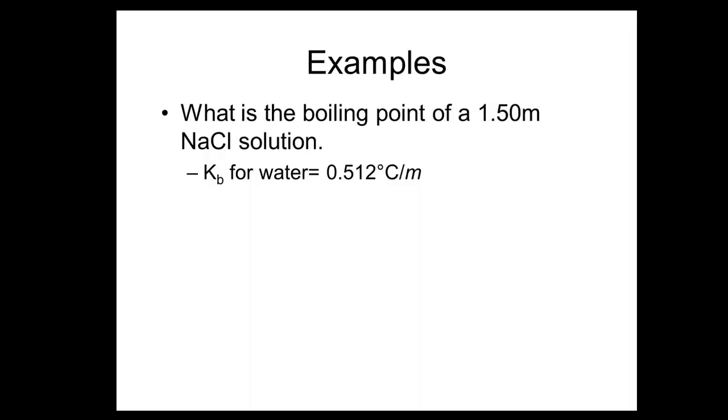Last example. Here we go. What is the boiling point of a 1.5 molal sodium chloride solution? Oh, they calculated molality for us. How nice was that? Okay, so our delta T_b is equal to Kb times molality times the Van't Hoff factor. We've got Kb right here. We've got molality right here. And we've got our Van't Hoff factor.